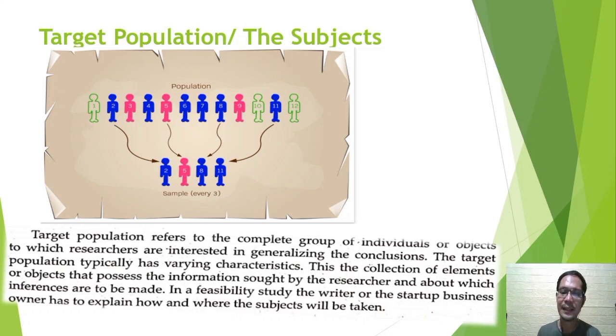This is the collection of elements or objects that possess the information sought by the researcher and about which inferences are to be made. So in a feasibility study, the writer or the startup business owner has to explain how and where the subjects will be taken.